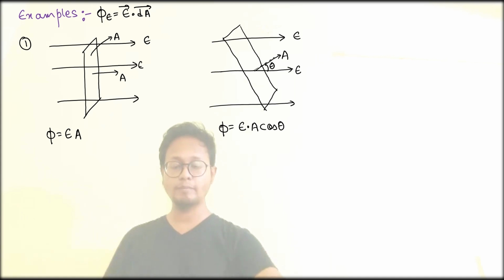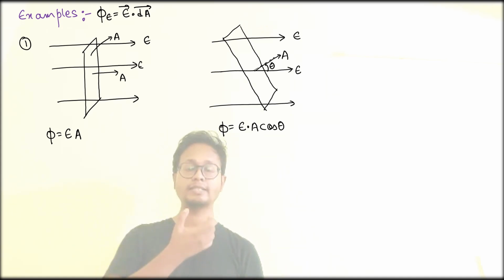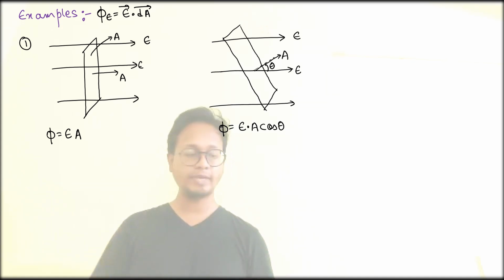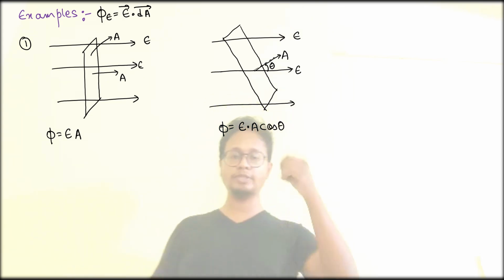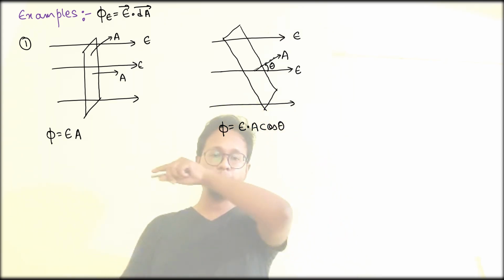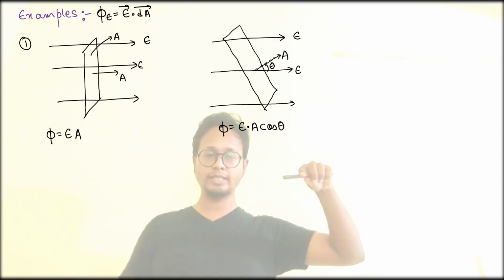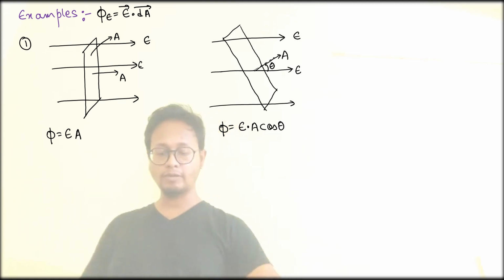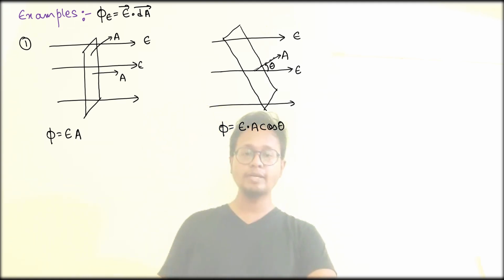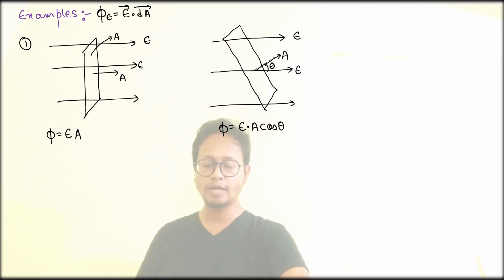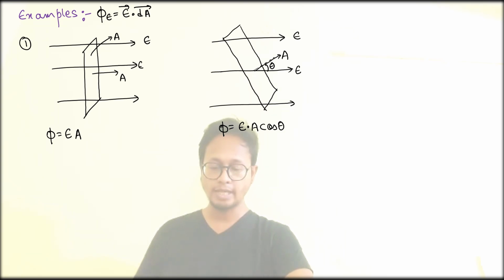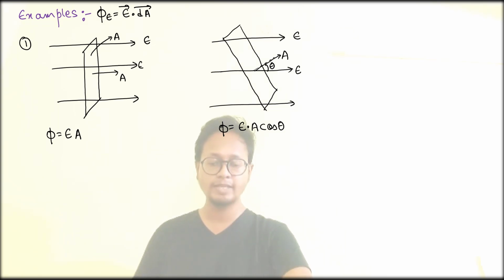So the importance of dot product of field and area is in cos theta. So if the electric field is in this direction and the area vector is also in this direction, then on the left hand side the angle is 0, and cos 0 is 1, whereas on the right hand side there is an angle between area vector and electric field vector.